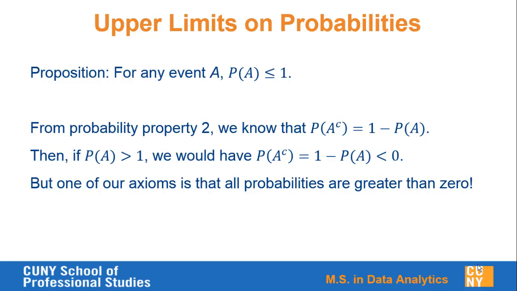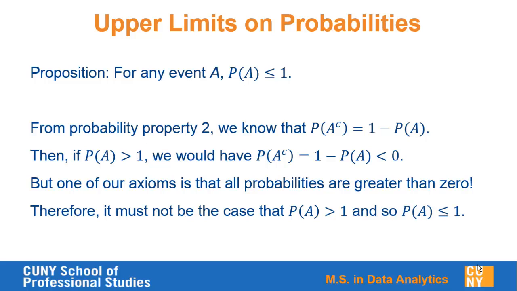Our axiom says that all probabilities have to be greater than or equal to 0. So since this would lead to a negative probability assignment for that complement, it can't be the case that the probability of A is greater than 1, and so it must be less than or equal to 1. And so when you say probability of A must be non-negative and it now must be less than or equal to 1, this is why we can say all probabilities are between 0 and 1.